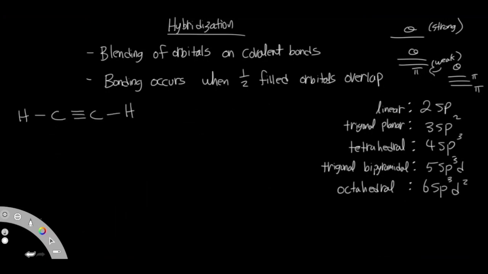Now let's look at C2H2. We have a triple bond, which means one of them is going to be sigma, the other 2 are going to be pi. Our carbon, like always, is going to be 1s, 2s, 2p. We got two of them.